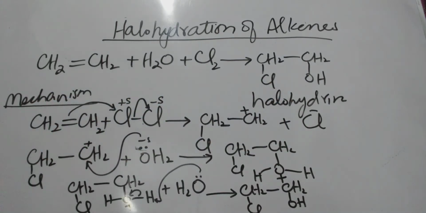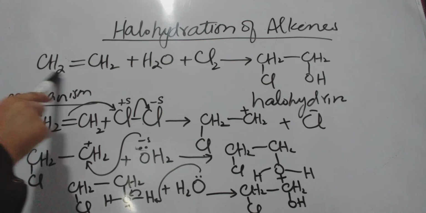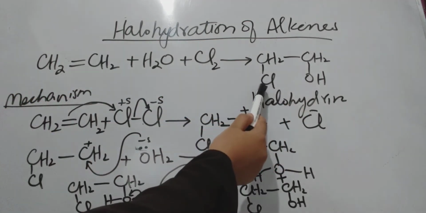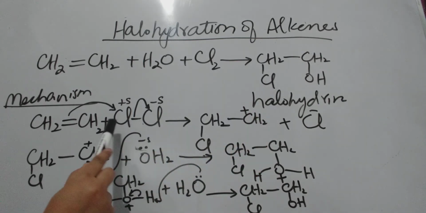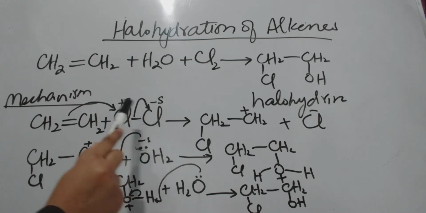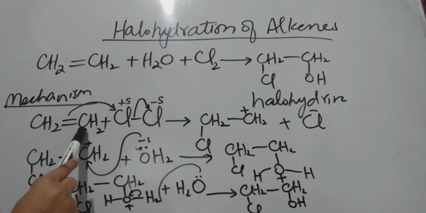The mechanism of this reaction is in front of you, and always keep in mind that the hydroxide is added as the electronegative part compared to chlorine. It is clear from this mechanism that chlorine has the partial positive charge and is attacked by the double bond, and not the negatively charged chlorine is getting attached to this particular carbon atom.